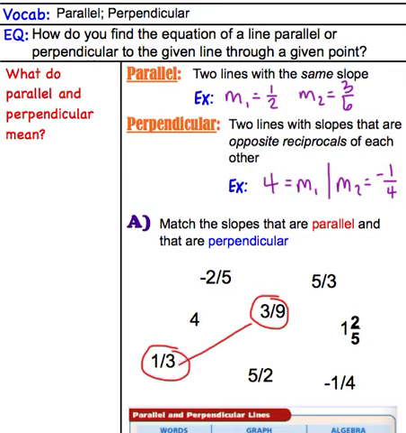Now as for perpendicular, I see 4 and -1/4, because if you flip 4 over, you get -1/4 like we had in our example.